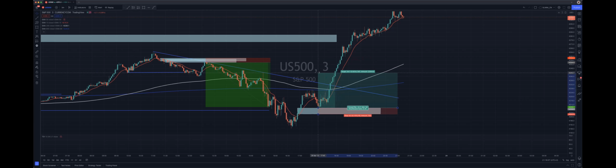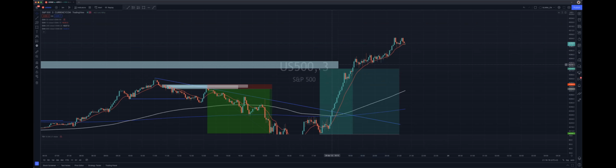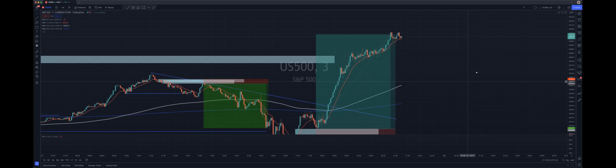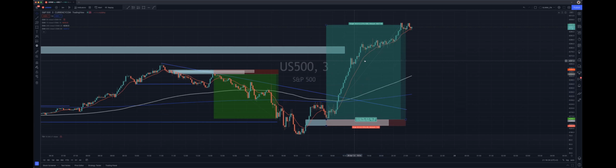You can check 1:5. If you're taking profit at the high of the day, that would have been 1:8. If you're taking profit at this level we had earlier, that would have been 1:10, and you're done. If you want to keep following price and trailing, you end up having 1:14. So you can see price is still pushing.